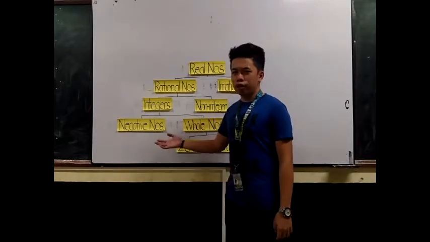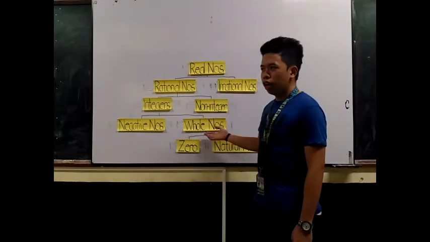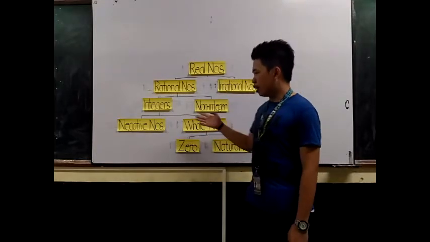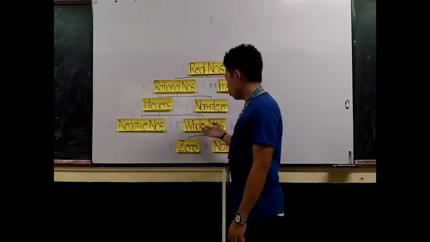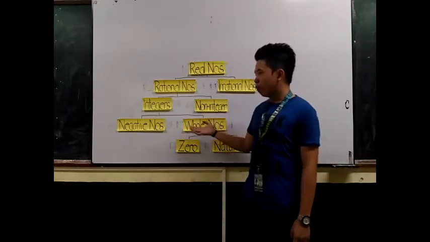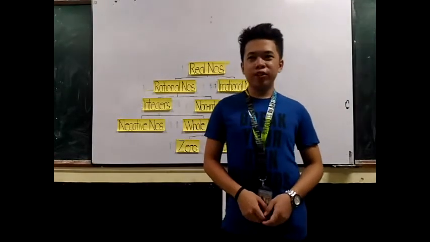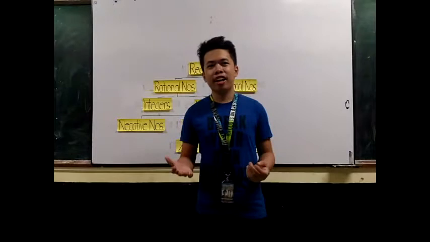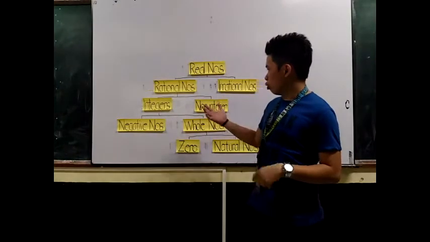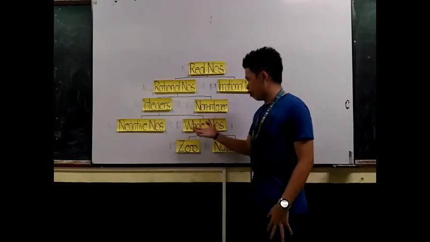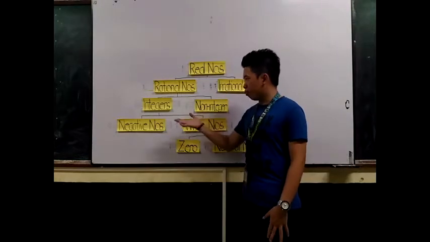Negative numbers and whole numbers are alike, but negative numbers have a negative sign in them. So negative numbers and whole numbers make up the integers. Integers are the negative and the positive, the yin and the yang, or the good and the bad. So the integers are the combination of the whole numbers and the negative numbers.